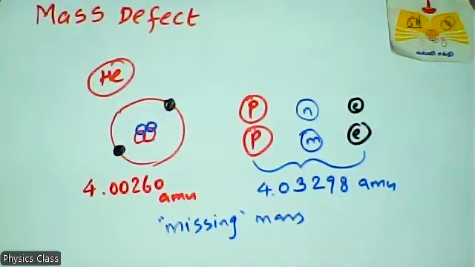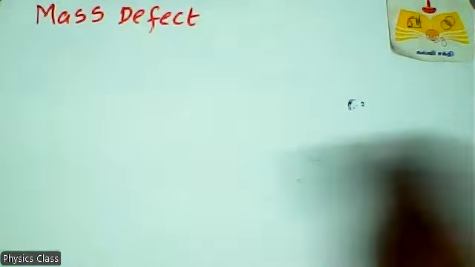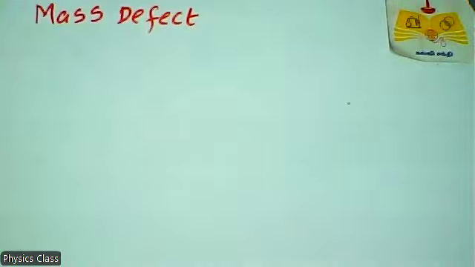You can write many more examples for this. First of all, the mass defect equation. Already you know that it is the missing mass.